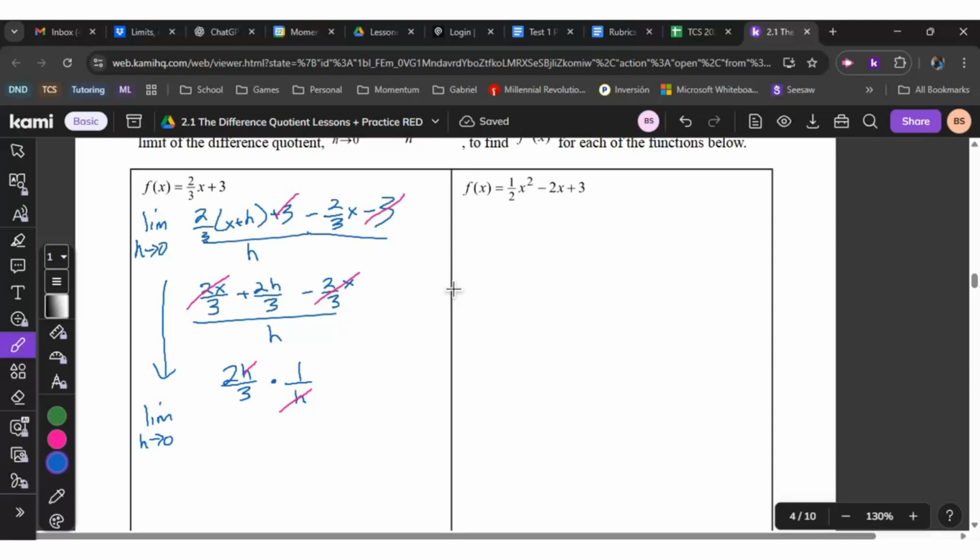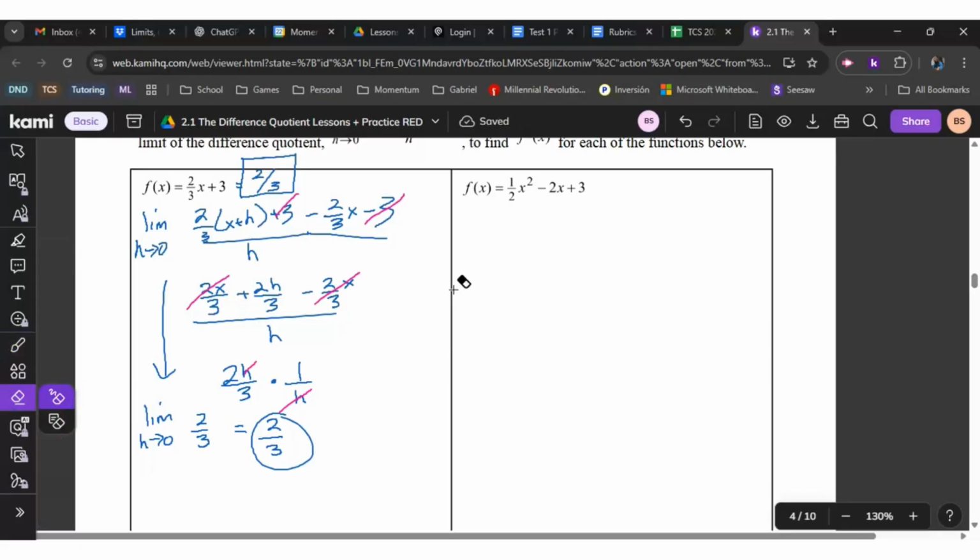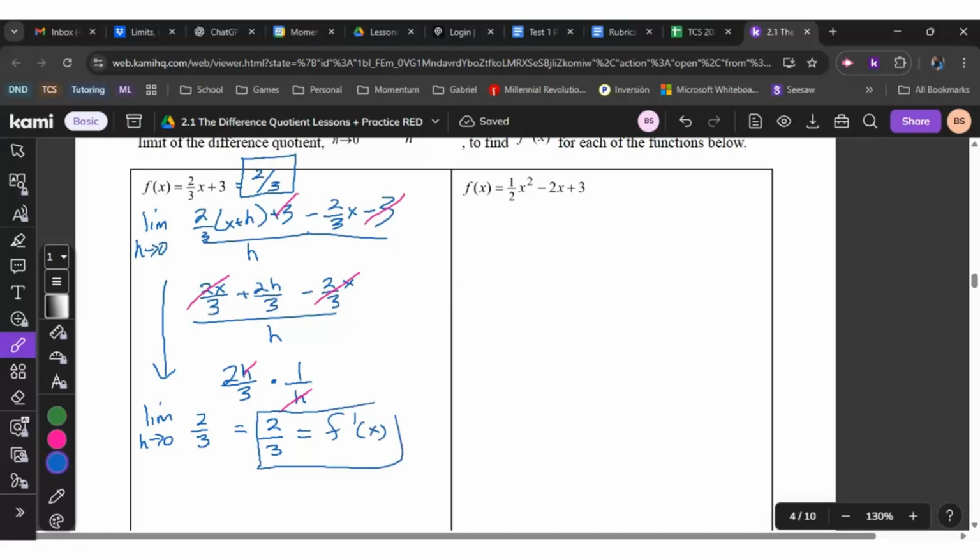Okay. So the limit as h approaches 0 of a constant now, because everything's gone, is a constant. So the answer to this is just 2/3. And remember, what does that mean? That is equal to f prime of x, right? Because that's what we're learning, that is the derivative.